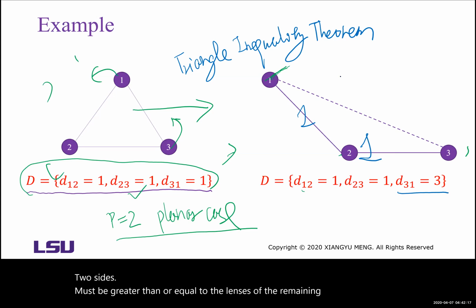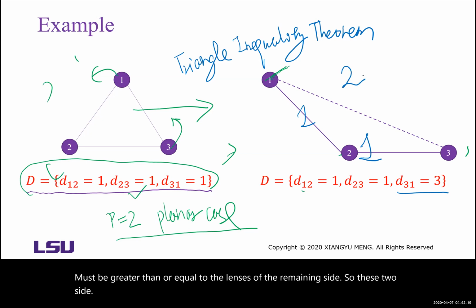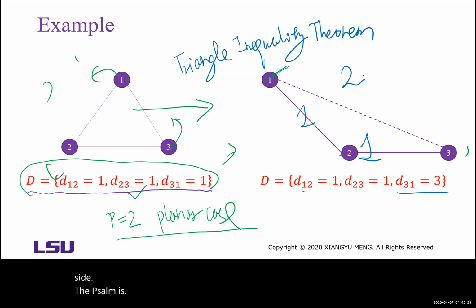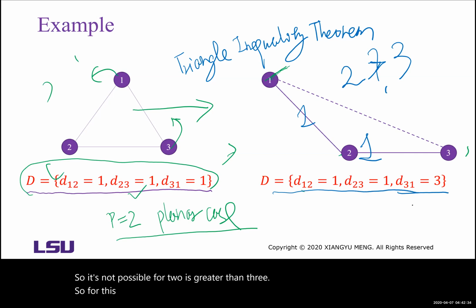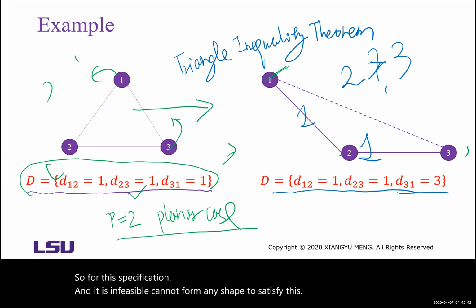So for these two sets, the sum is 2. So it's not possible for 2 to be greater than 3. So for this specification, it is infeasible, and we cannot form any shape to satisfy this formation.